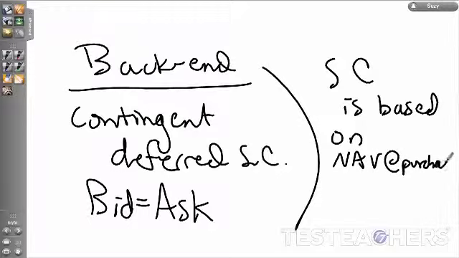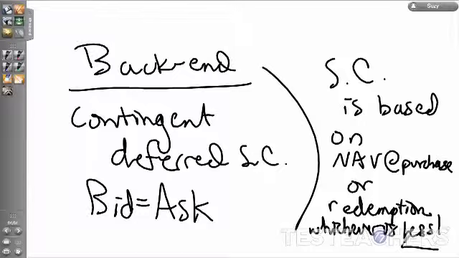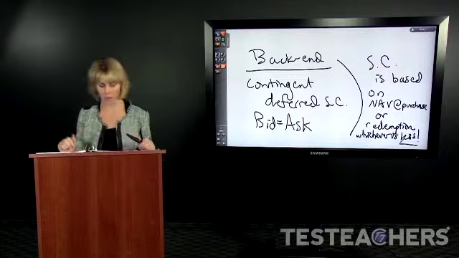So basically what this is saying is that if the portfolio has appreciated, you do not pay a sales charge on the appreciation. So sales charge is based upon NAV at purchase or redemption, whichever is less. You do not pay a sales charge on appreciation. Must be disclosed, of course, like I said, on the confirmation.